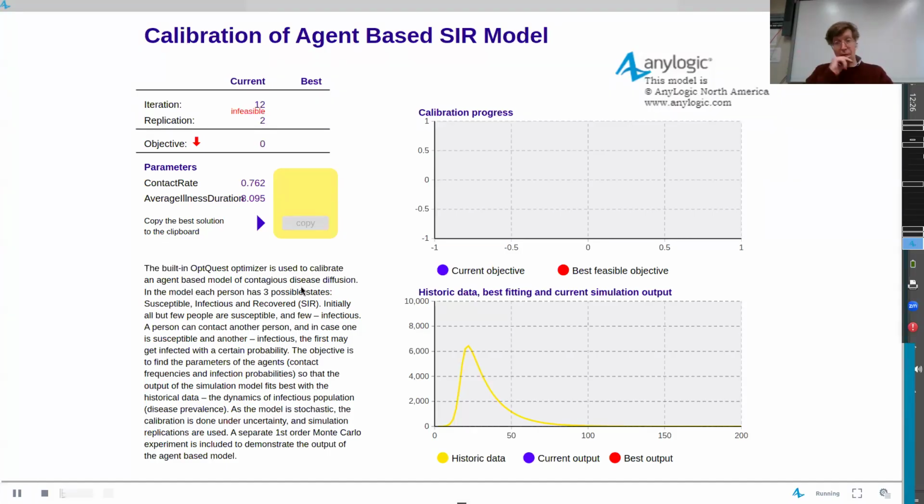The model is different. The parameter assumptions are the same. The data set we're trying to match is the same. But what's different is the structure of the model. And the structure of the model dictates behavior. And you can see here the behavior dictated by that structure over time when we have loss of immunity.